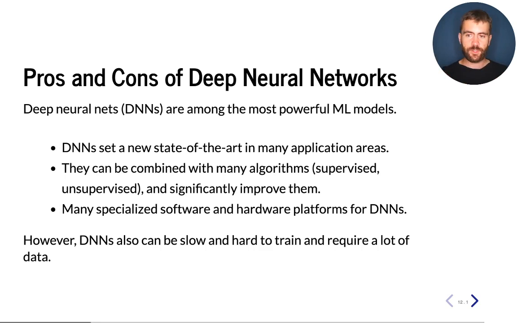We can mix all of these things together and derive new algorithms that are more powerful generalizations of classical algorithms. And I would say the main downsides of deep neural networks are the same that I mentioned earlier when I talked about regular neural networks. They can often be slow and hard to train because of numerical instabilities, and they also require a lot of training data.